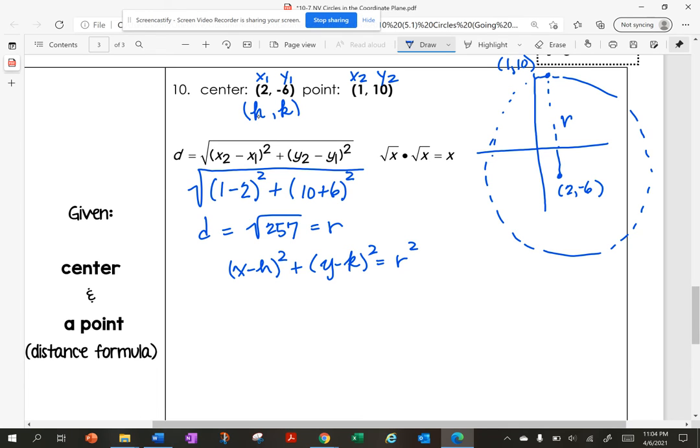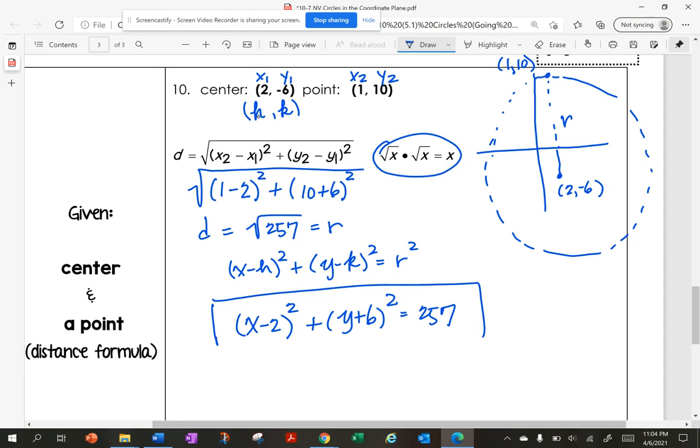So we said h is 2, k is -6, so x minus 2 quantity squared plus y plus 6 quantity squared, and then the square root of 257, I want to square that. So the square root of 257 times the square root of 257 is 257. Okay, so we got our equation.